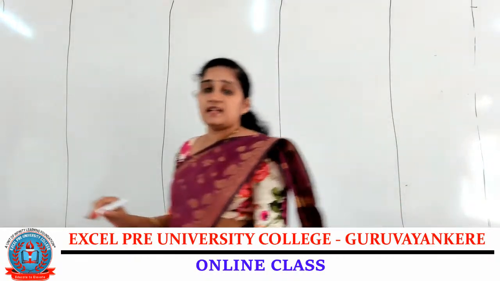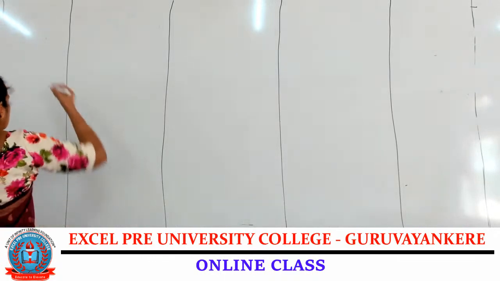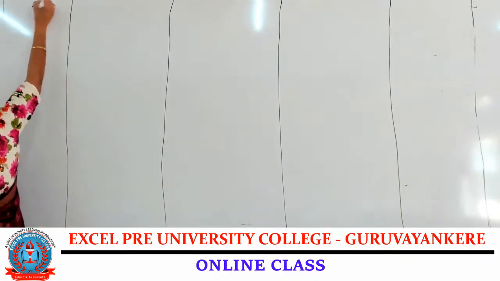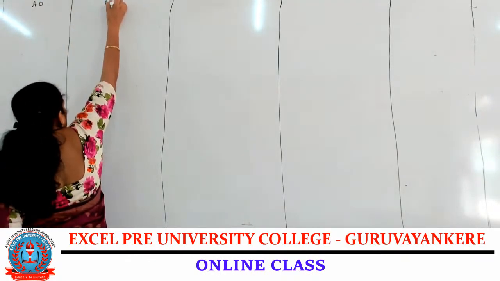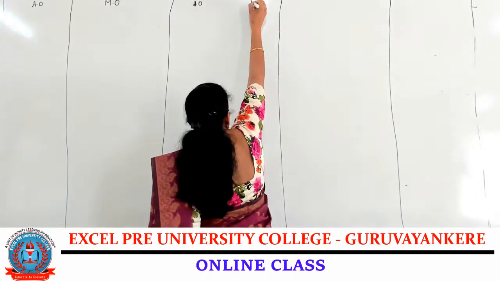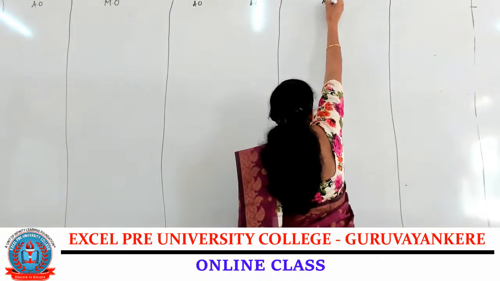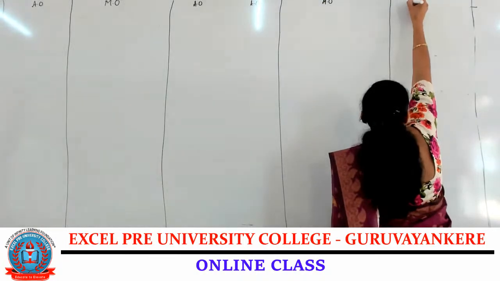How to represent the electronic configuration or how to fill the electrons in the molecular orbital, we need to study. Atomic orbital, molecular orbital, atomic orbital. So this is also the atomic orbital of another atom. I need to explain this kind of molecular orbital distribution now.